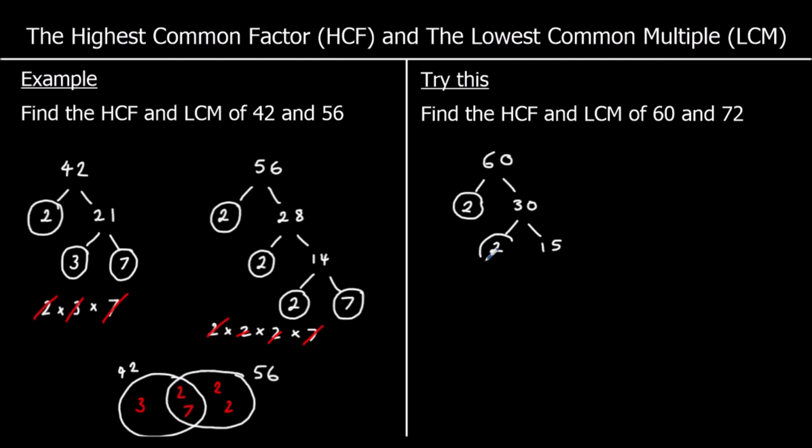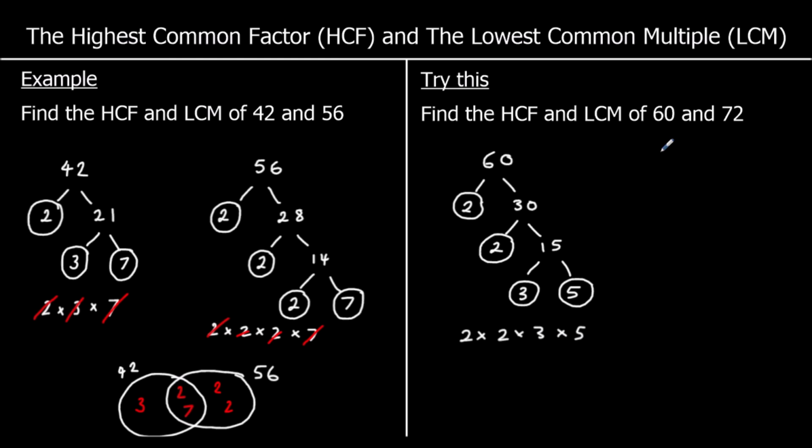Again, 2 is prime. And 15 can be broken down into 3 times 5. So 60 is 2 times 2 times 3 times 5.